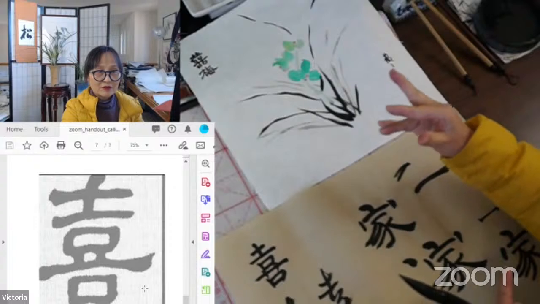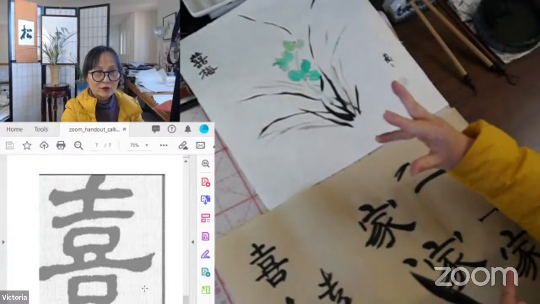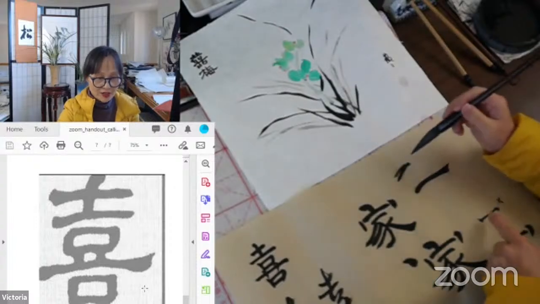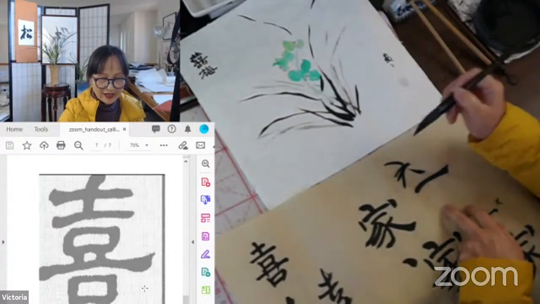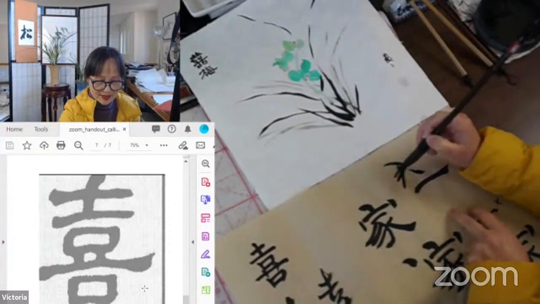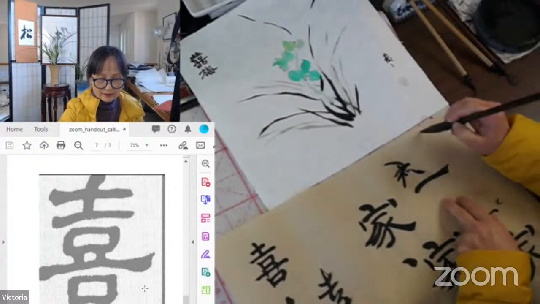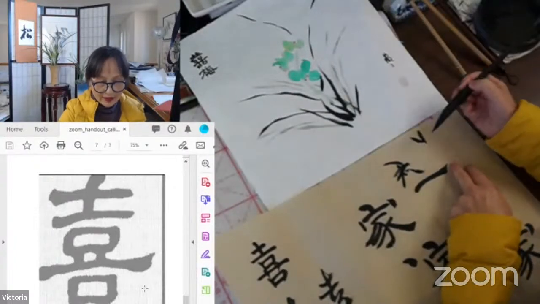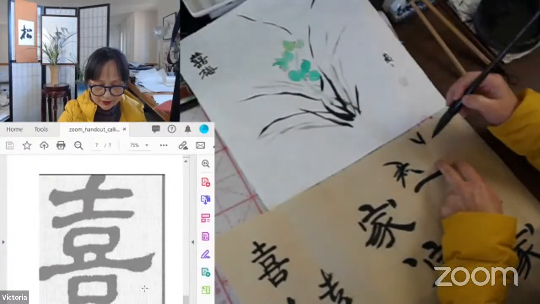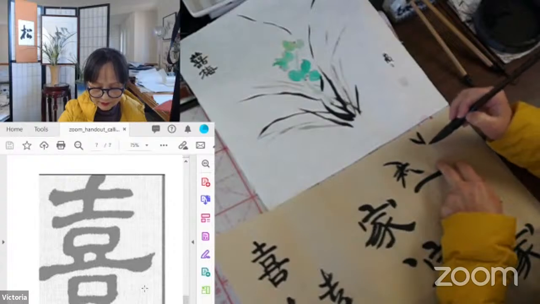You know, we call it 5 petals for the flower, right? So 1, 2, and the 3, 4, 5, like that. And you dot the center, right? 1, 2, whichever one you go first.